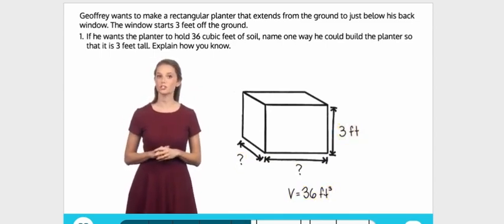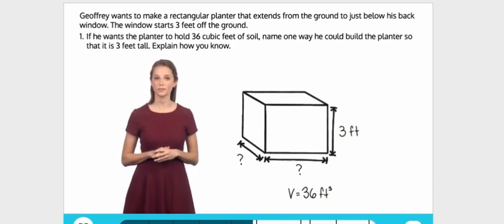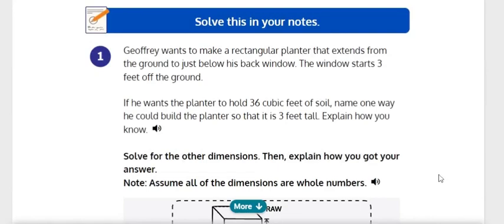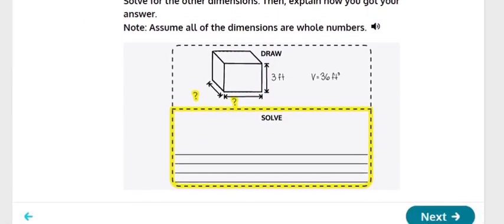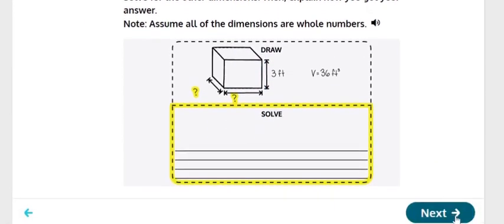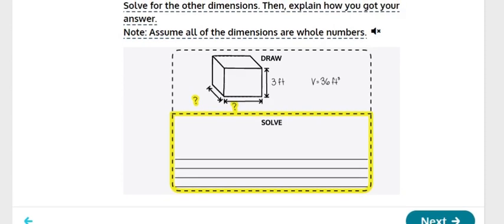Solve in your notes to show how Jeffrey can make his planter. Make sure to explain how you know. Solve for the other dimensions. Then explain how you got your answer. Note, assume all of the dimensions are whole numbers.